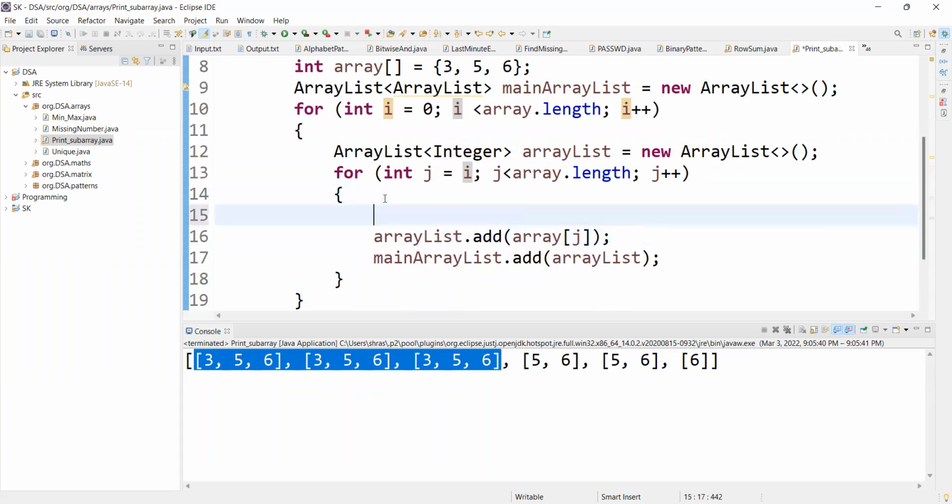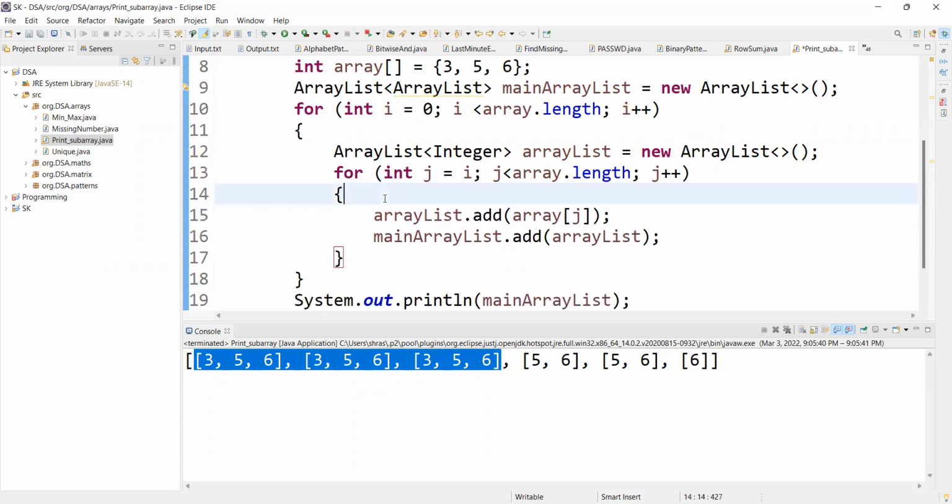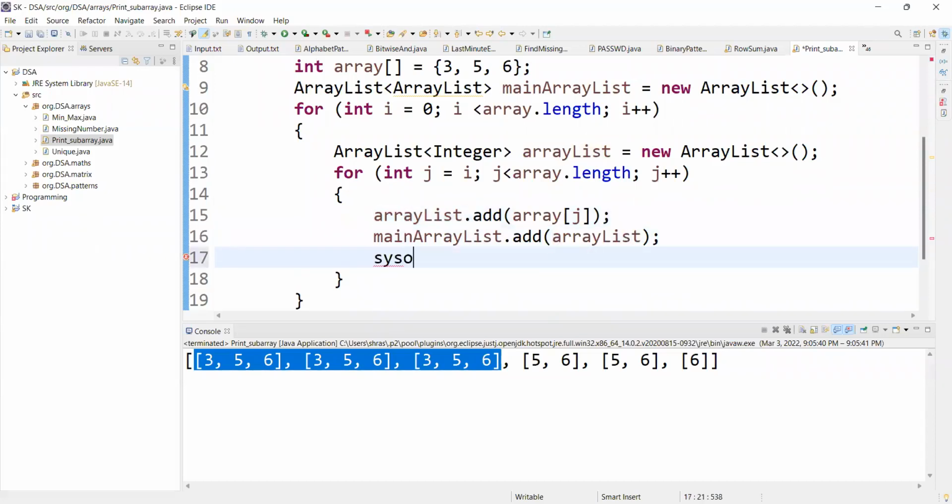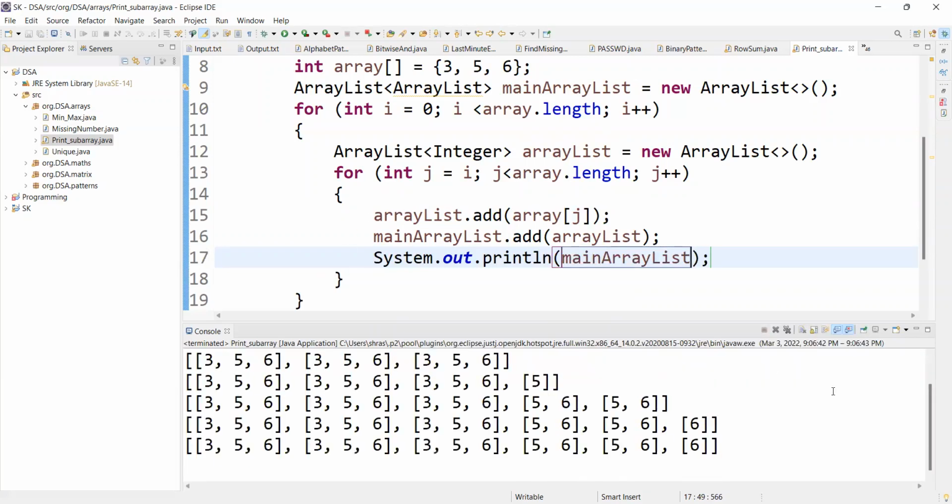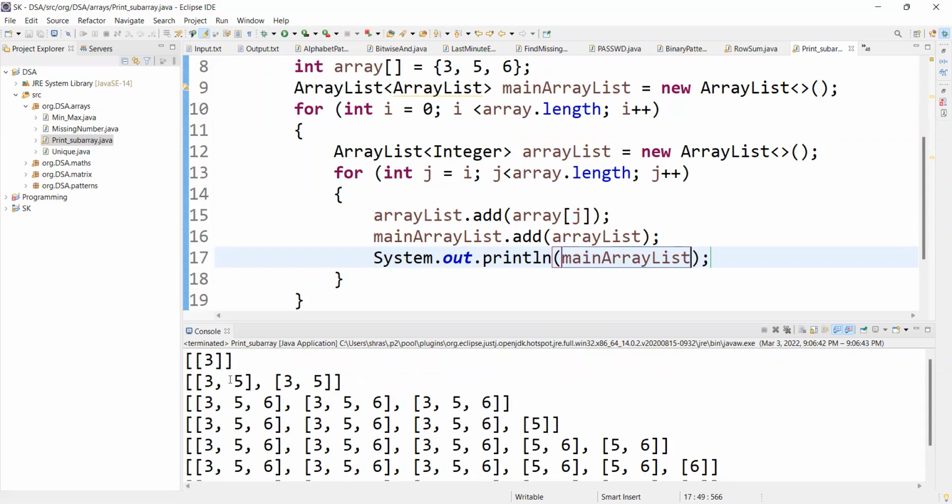It's better to debug. Three is getting printed, then 3 and 5.